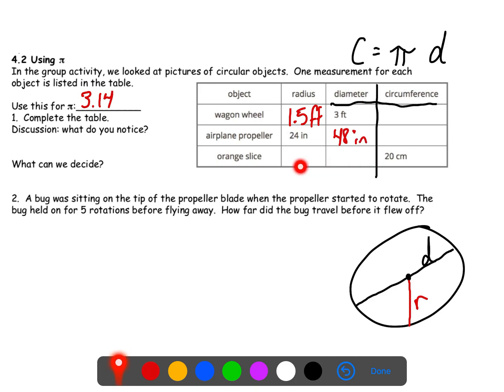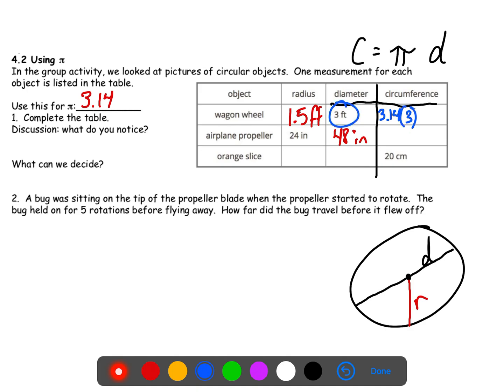And we can't do the orange slice yet because we need to use our equation and calculate using the circumference. So let's stop there. Let's figure out the circumference of the wagon wheel using our equation here. So to do that, using our equation, we would take 3.14, what we're rounding pi to, times the diameter, which is 3 feet.